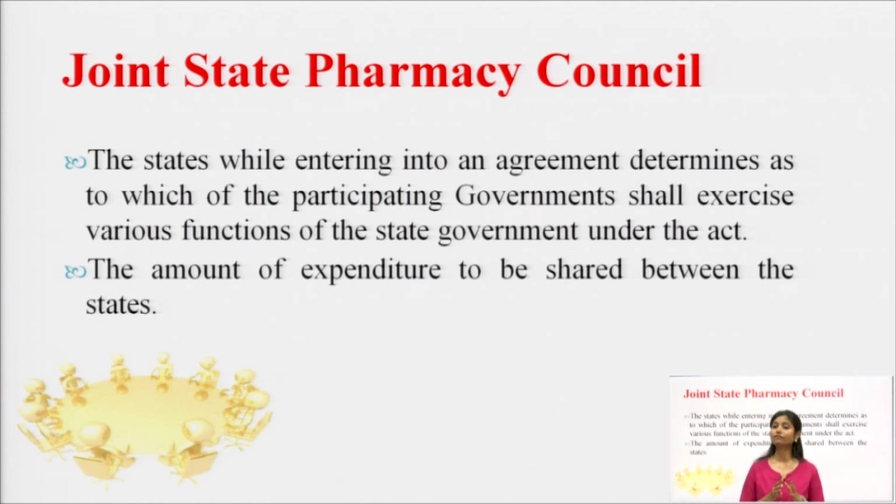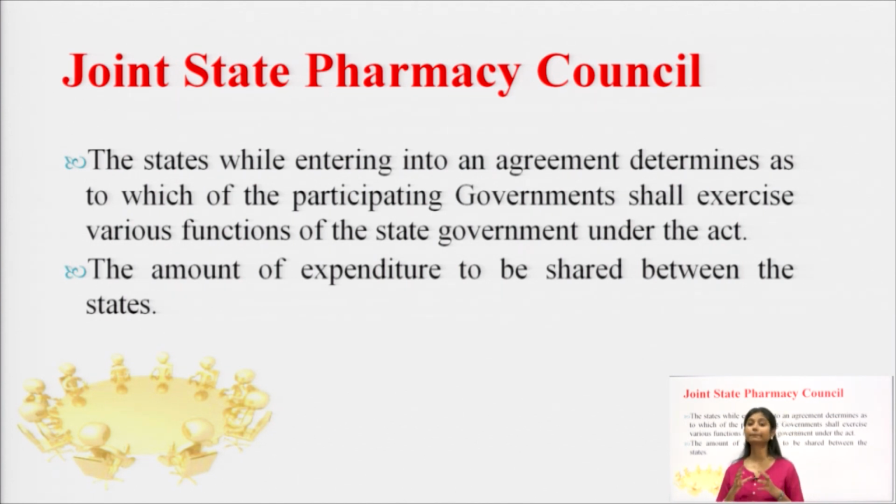The difference you have already seen, how the State Pharmacy Council and Central Pharmacy Council are different. If we talk about the difference in the functioning of the two, the major point is the education regulation. Education regulation is basically controlled by the Central Pharmacy Council, that is the central government, but the State Pharmacy Council has the control over it and checks whether the state is following those norms or not.